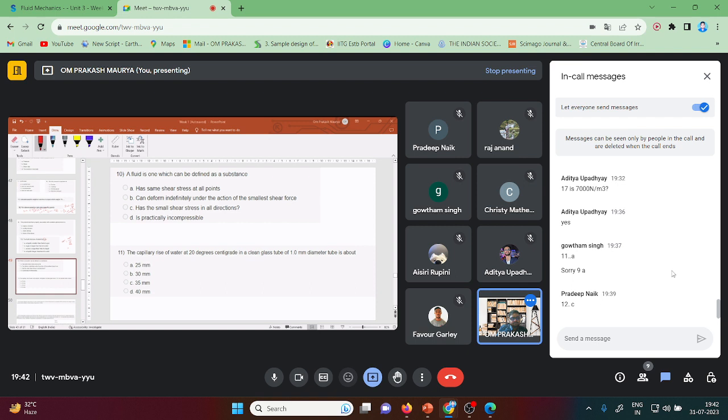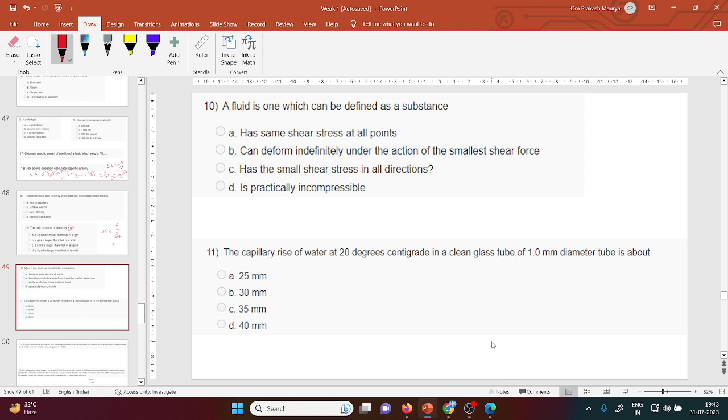Option C. Okay. Just for your simplicity, I want to write the formula for question number 11.